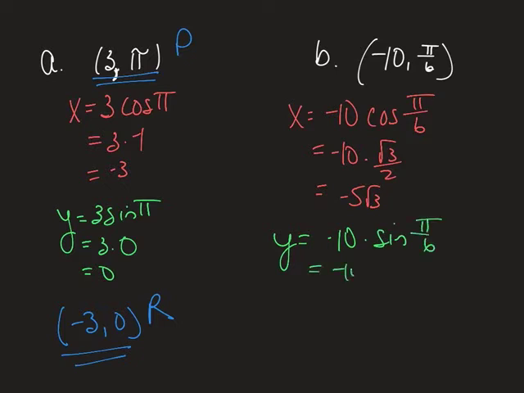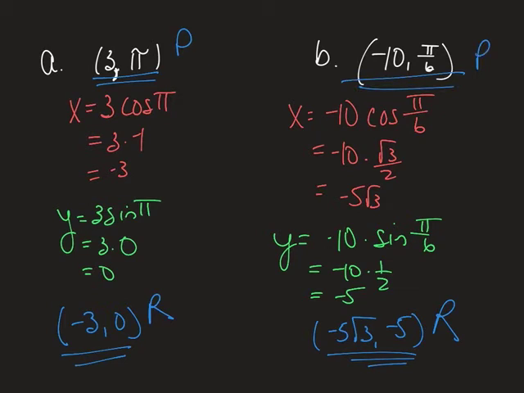So that's going to be negative 10 times 1/2, which is negative 5. So negative 5 radical 3, negative 5. That is, again, the rectangular or Cartesian coordinate. And that negative 10, pi over 6 is the polar coordinate. Okay.